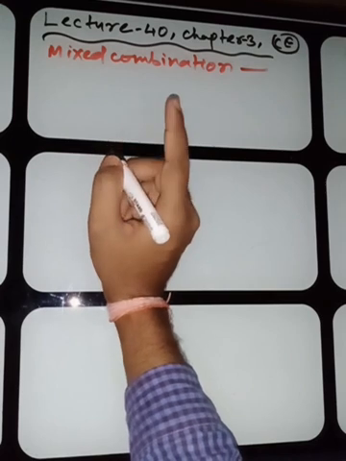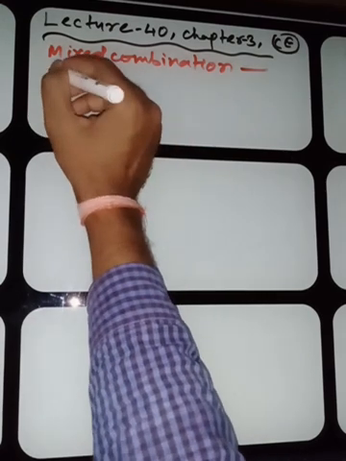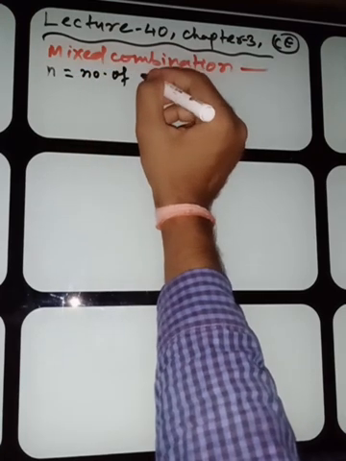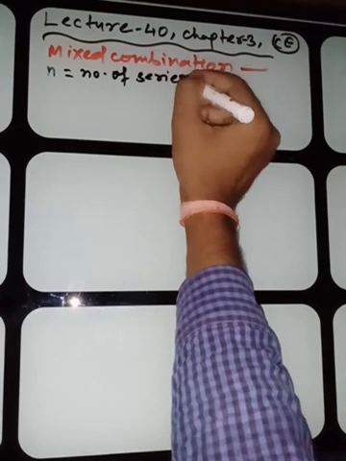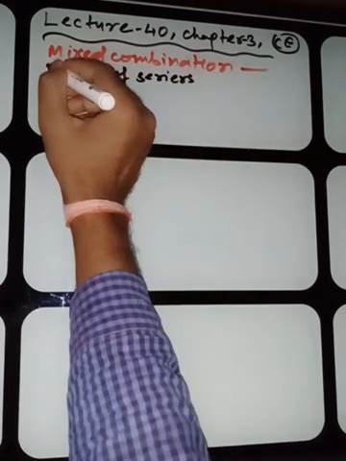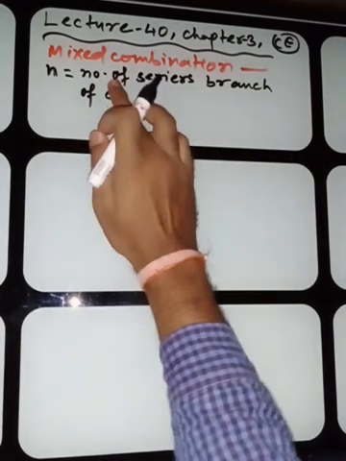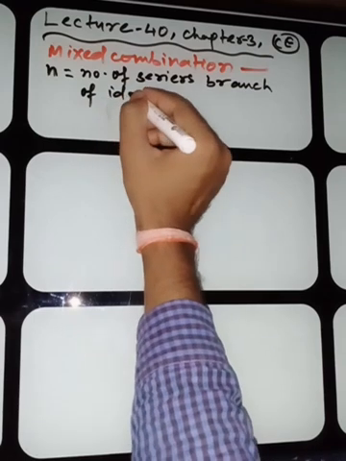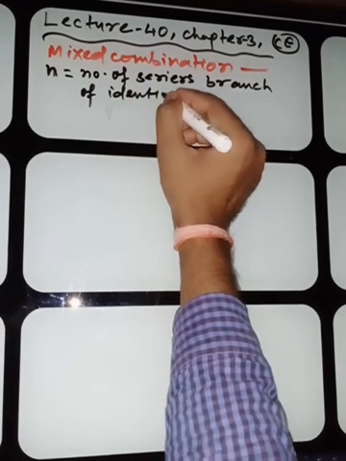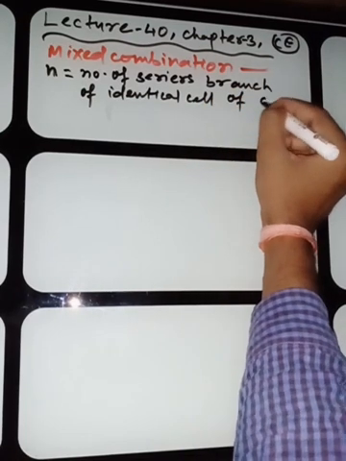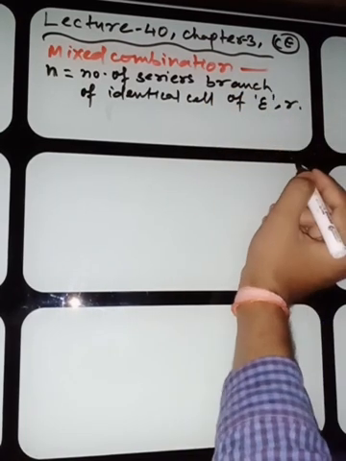Here n is the number of identical cells in a series branch, of EMF E and internal resistance r.